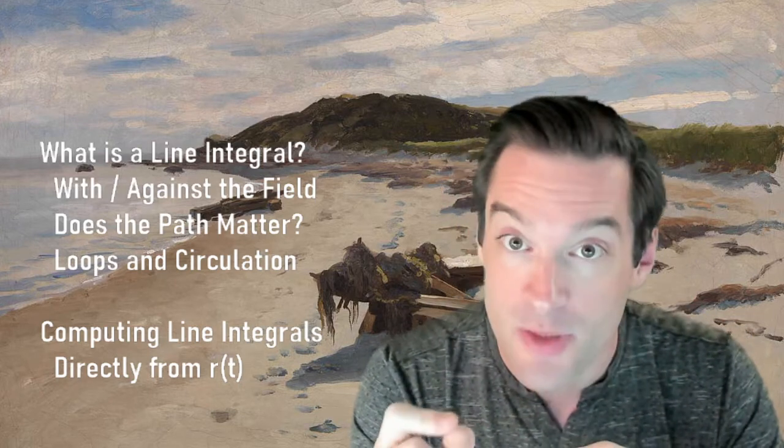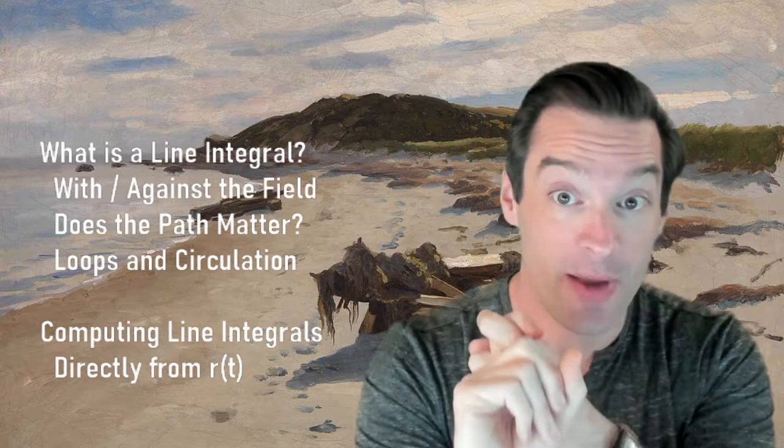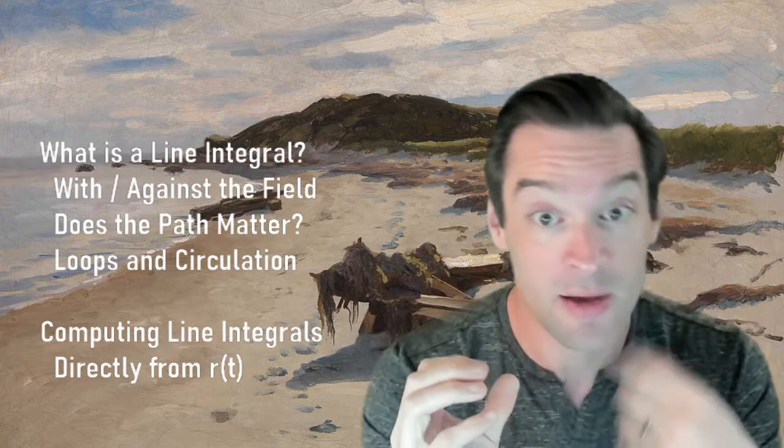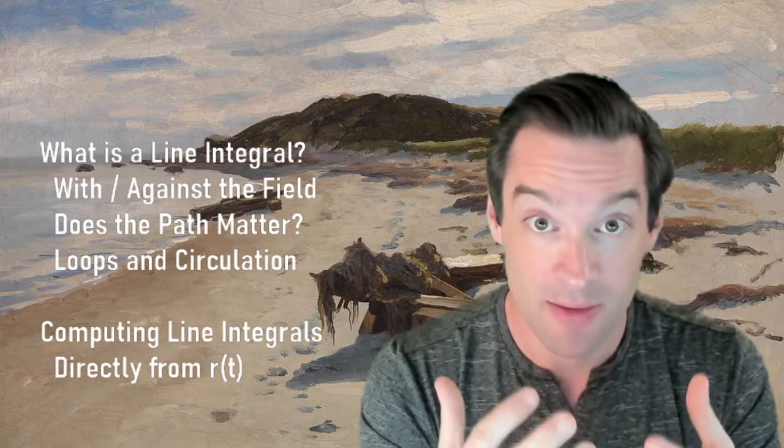That measurement is going to be called the curl of a vector field. So curl and circulation go hand in hand. Circulation is the integral idea. Curl is the derivative idea that goes along with this notion.